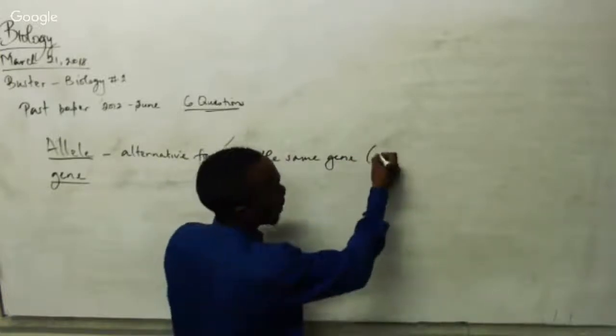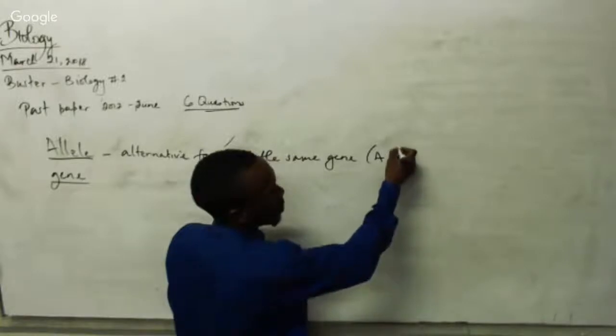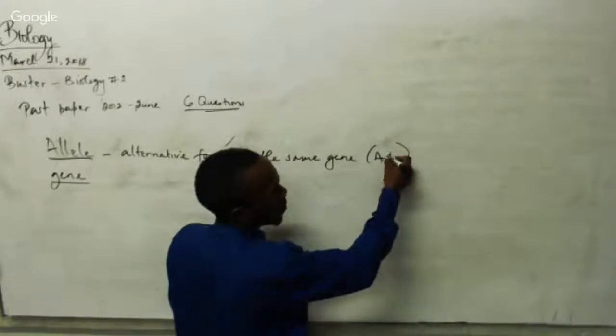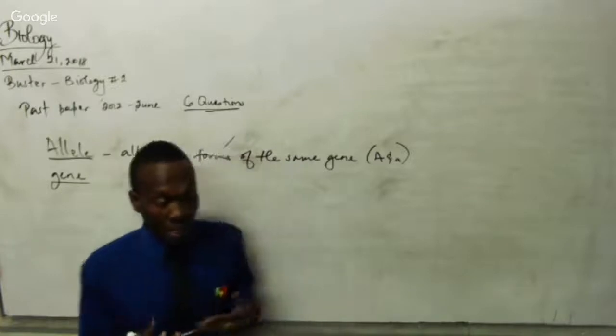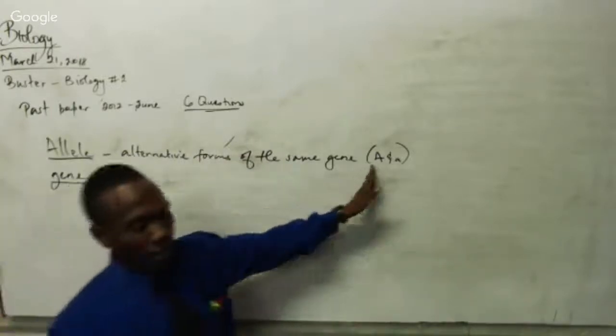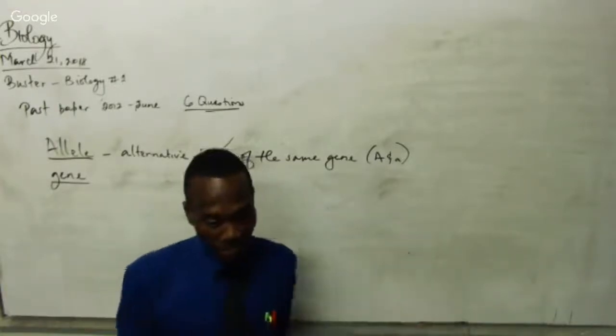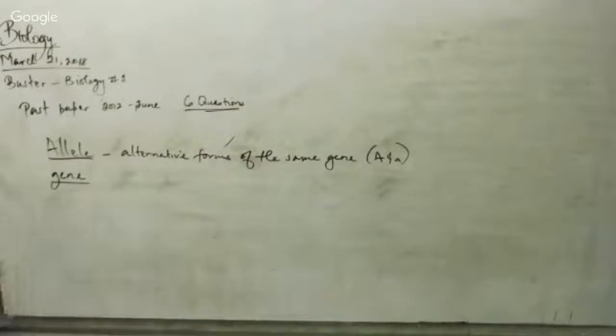So you have the big allele, which is big A, and you have the small one, which is small a. Those are two alleles. This is an example. You can have any letter. It could be X or whatever. Big U and small U look alike, so you can't use that.